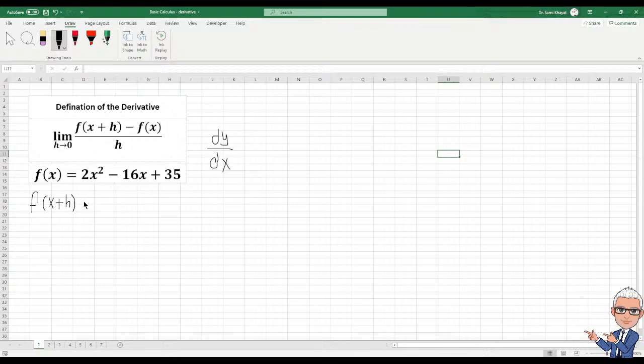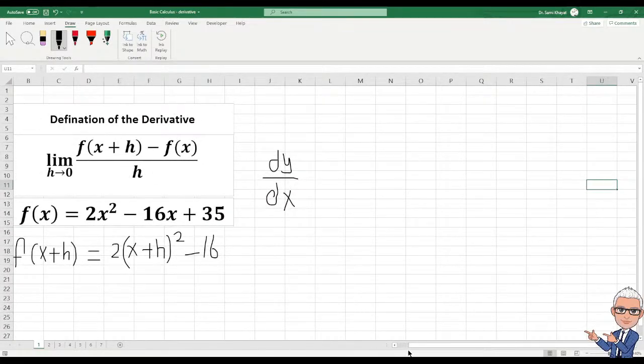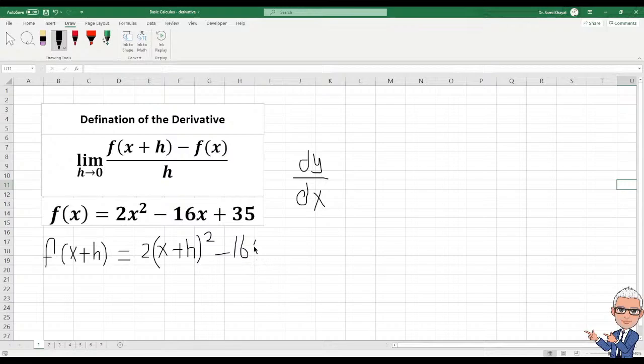In this case, it will be 2, every x I will substitute by x plus h, squared, minus 16 times x plus h, plus 35.